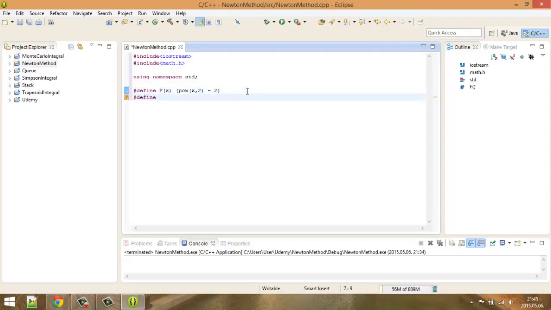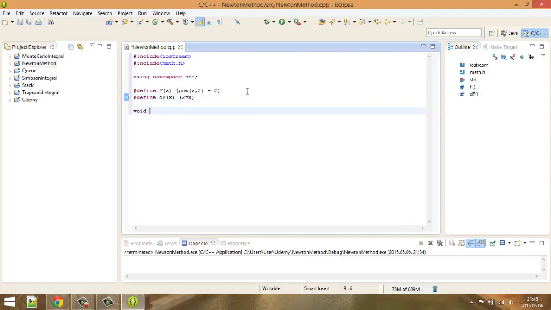Of course we have to define the derivative of this method, which will be, for example, df(x), which will be, if you are familiar with derivatives, 2 times x.